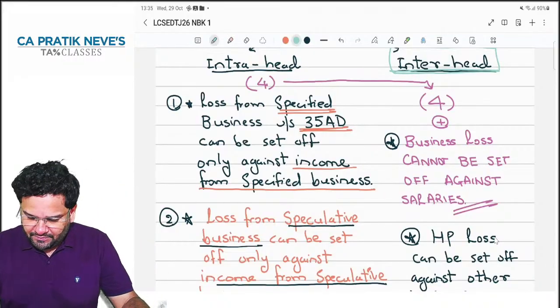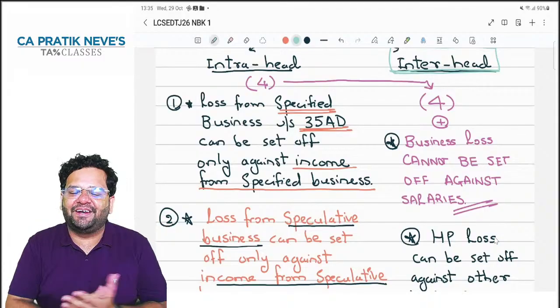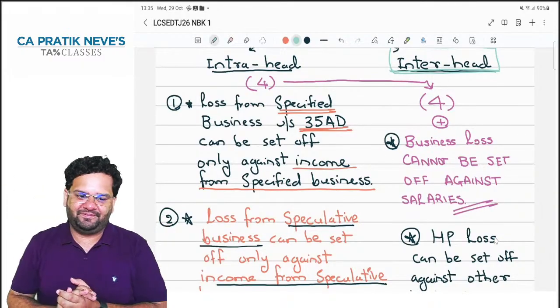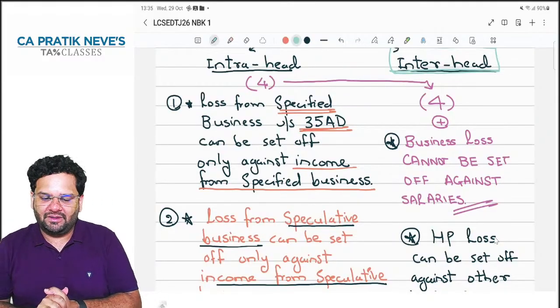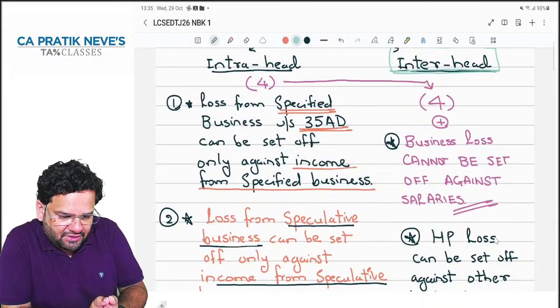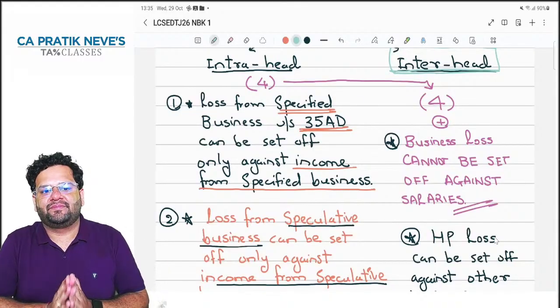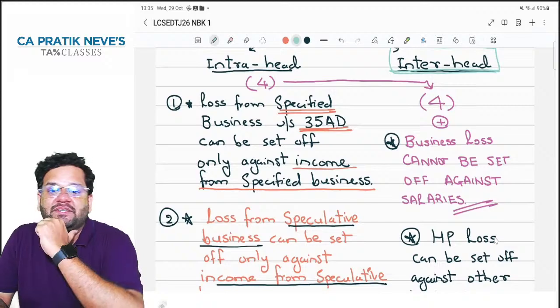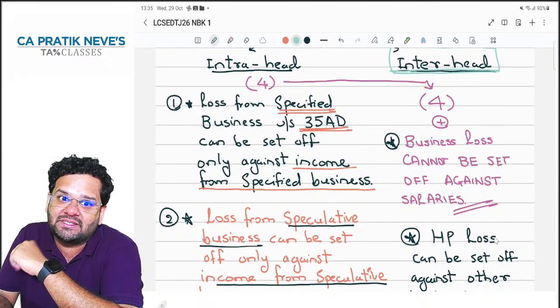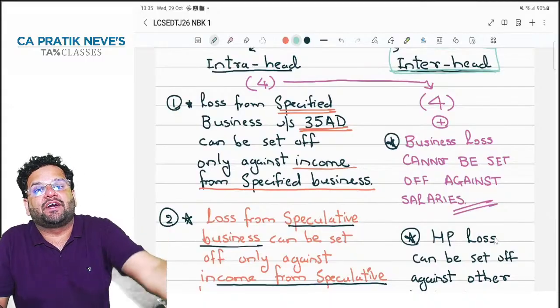See, a restriction in intra-head is automatically a restriction in inter-head. Are you getting my point? Because if loss from specified business can be set off only against income from specified business, that means it cannot be set off against HP.